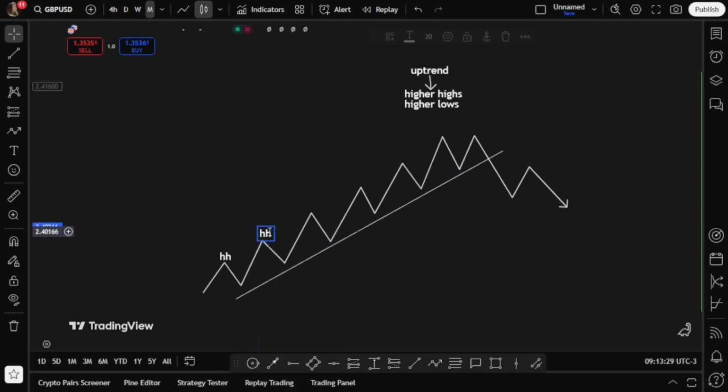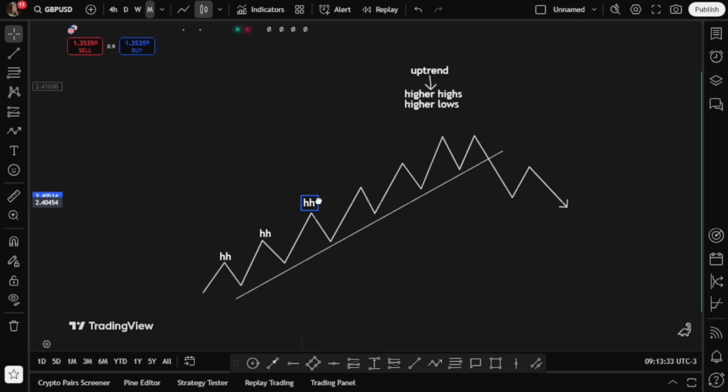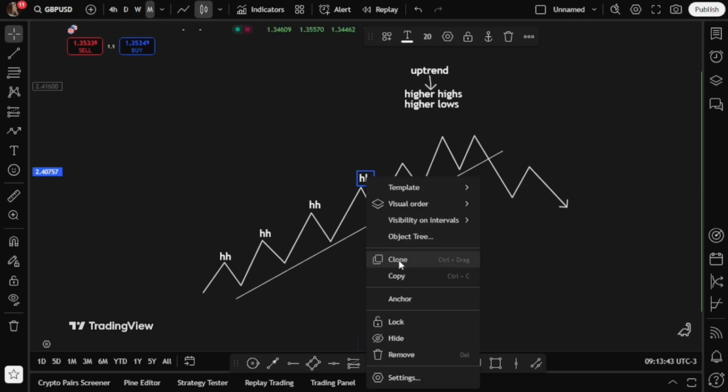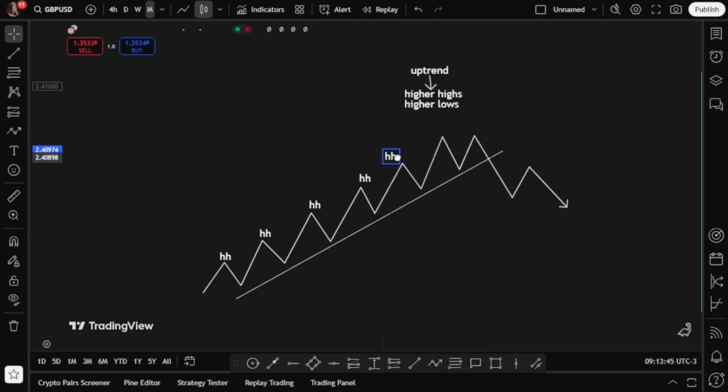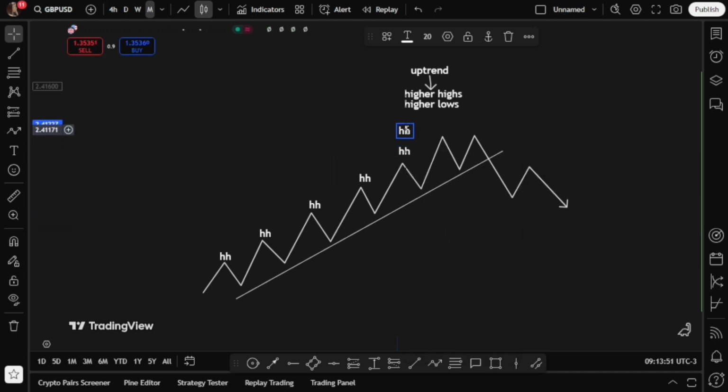This is the higher high. And this is the higher high. We go again. This is the higher high.